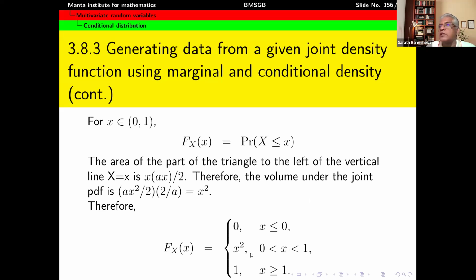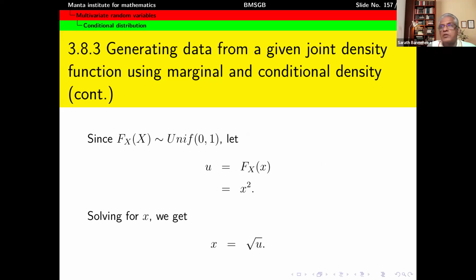So that's what we mean by the inverse CDF technique to generate data from a given distribution with a given CDF. We have to find the inverse of the CDF from which we want to get the data, then get some uniform 0, 1 data and transform those uniform data using that inverse CDF function.